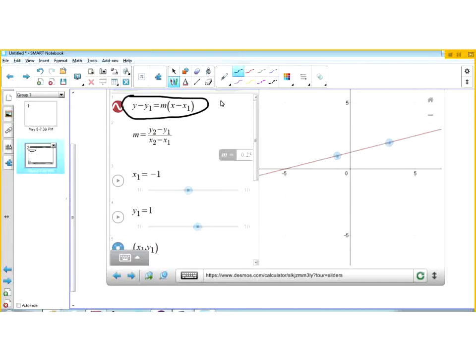This is often called the point-slope form. Sorry, not point-intercept, but point-slope form. Point-intercept is another form that I'll be talking about. The structure of a point-slope form, as you may know, is that we're given a slope, which is calculated based on the coordinates of 2 points right here.